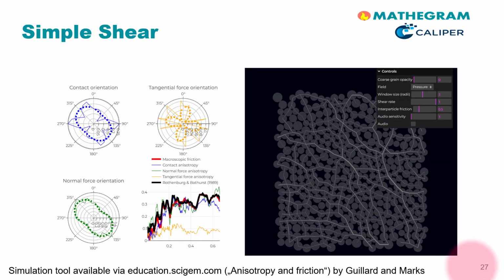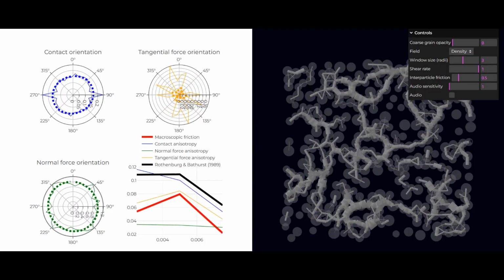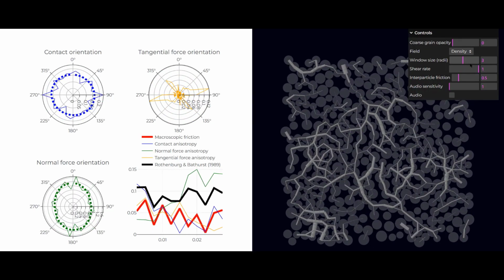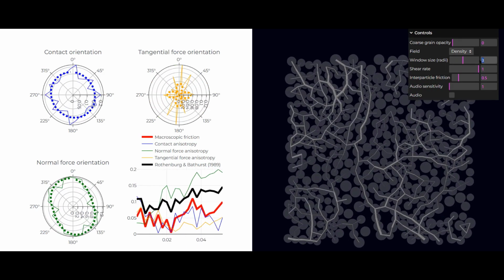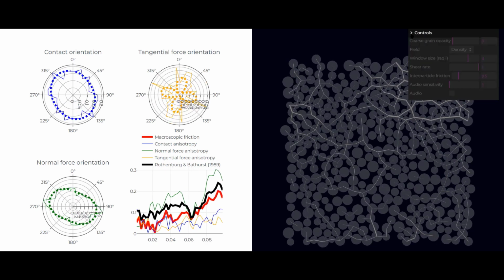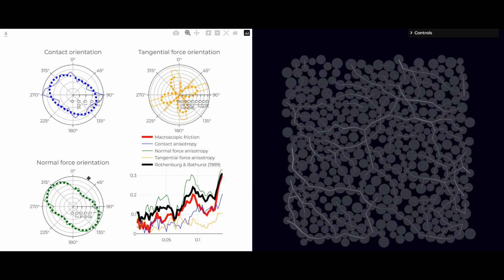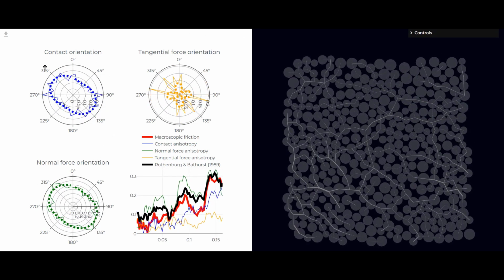Another key example is shear flow, here with special boundary conditions at the top and the bottom. As you can see, initially we slowly shear in a clockwise direction. Left, we see a deep analysis of the orientation of contacts, normal forces and tangential forces.